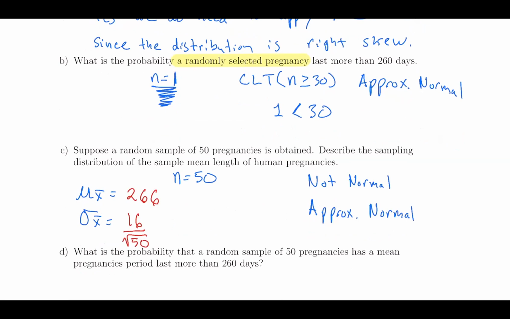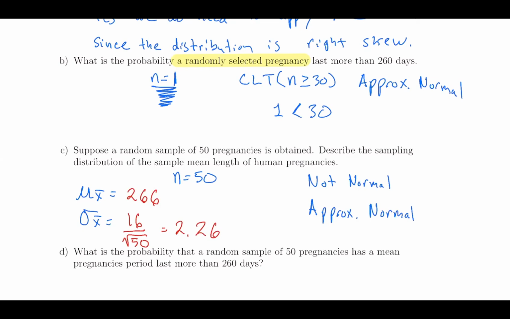So we're going to say 16 divided by the square root of 50. And if you look at it, we get roughly 2.26. Everybody good on how we got 2.26?